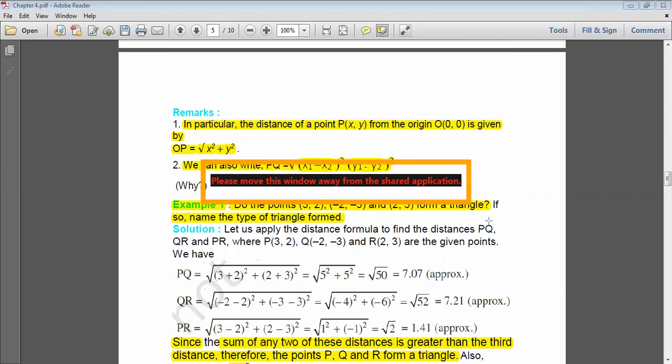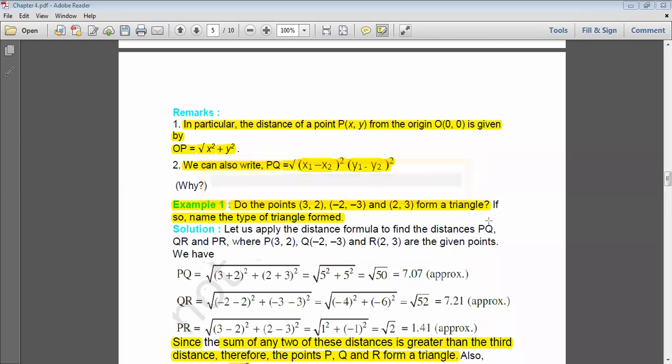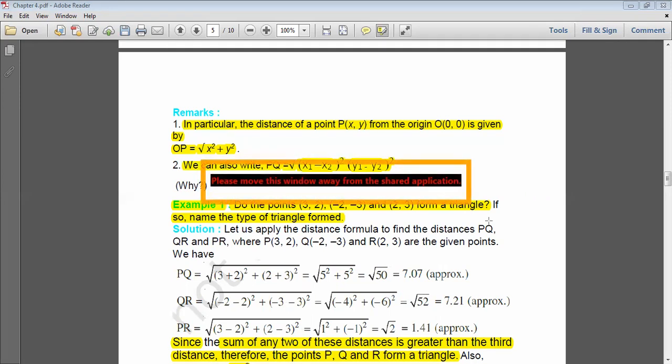But if you want to prove it theoretically, you won't get marks in your exam just by drawing that figure and joining all the points. You will get marks for the exam only by doing this one. Otherwise you won't be getting marks. So that's why I have used this technique. You can easily interpret that.